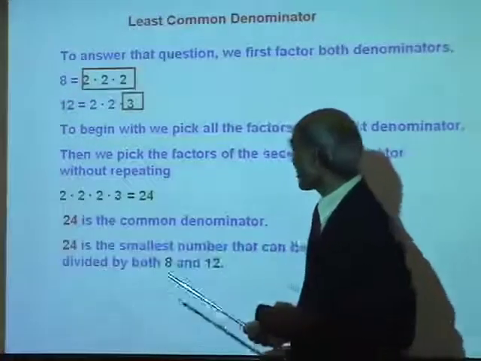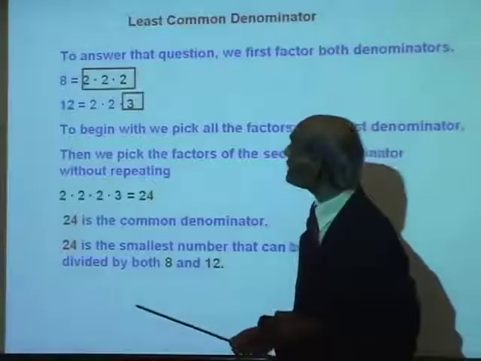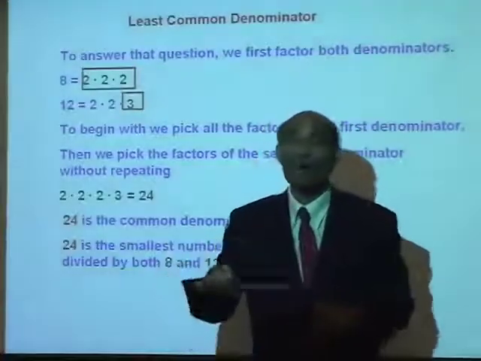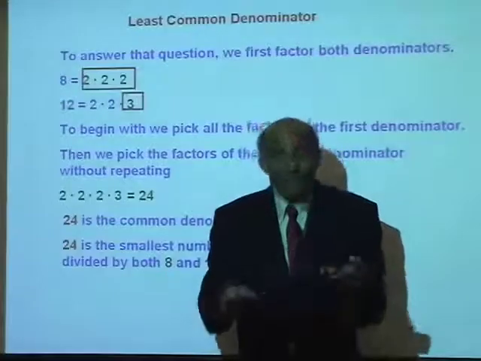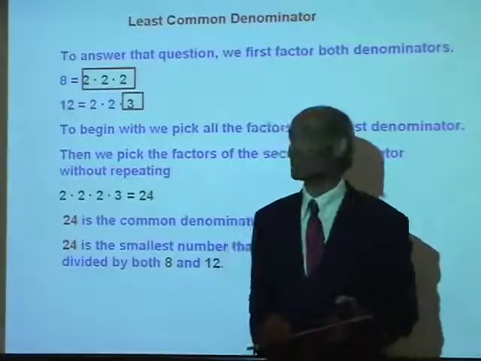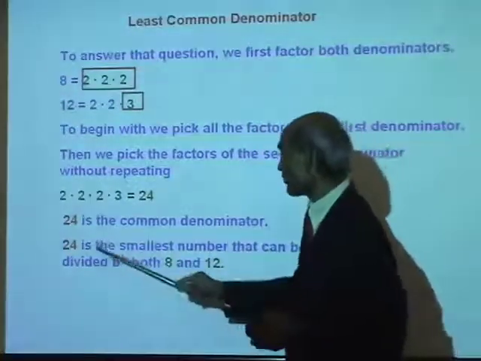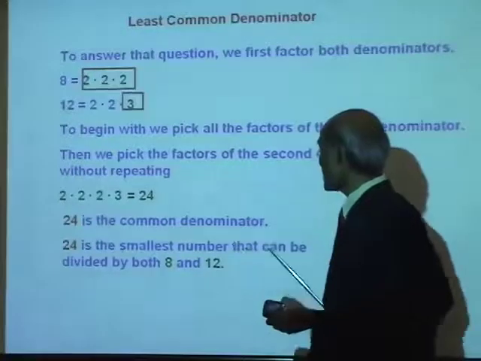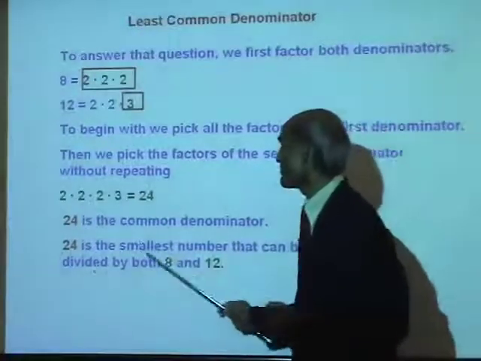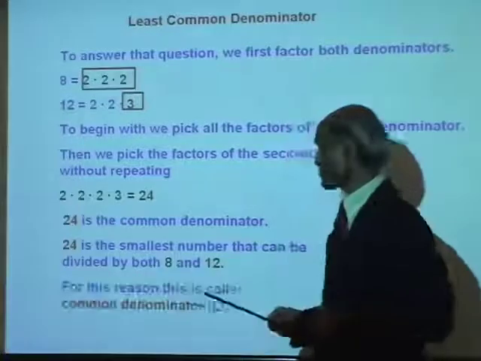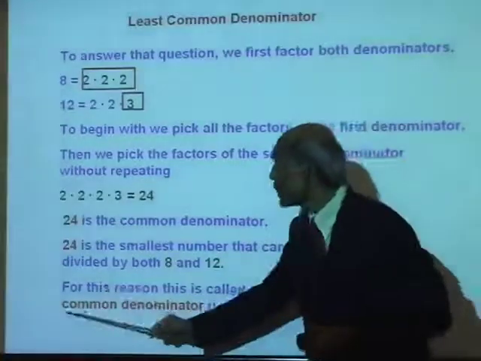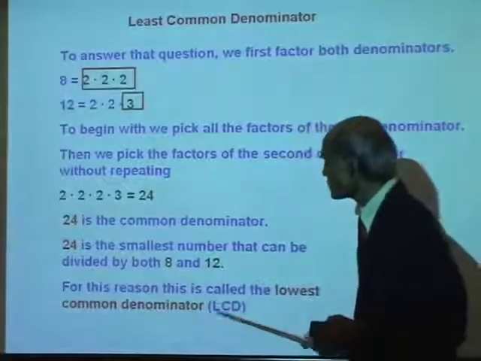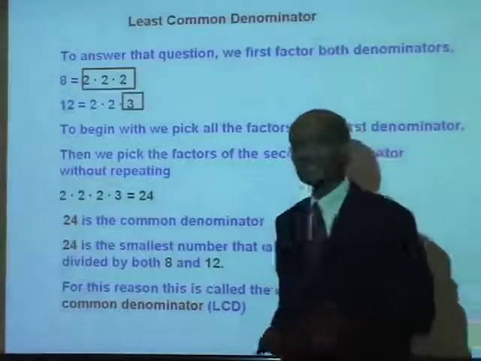For that reason, we call it the lowest common denominator, the lowest possible number that can be your common denominator. So 24 is the smallest number that can be divided by both 8 and 12, and we call it the lowest common denominator, or LCD.